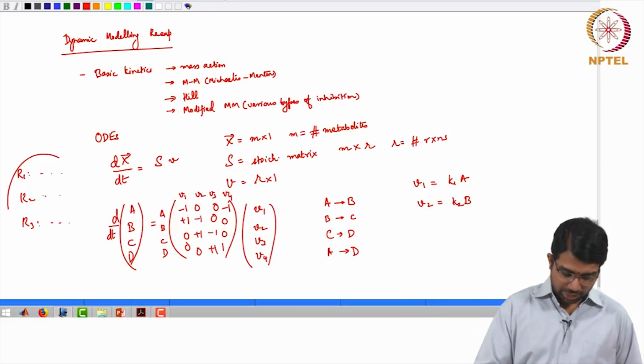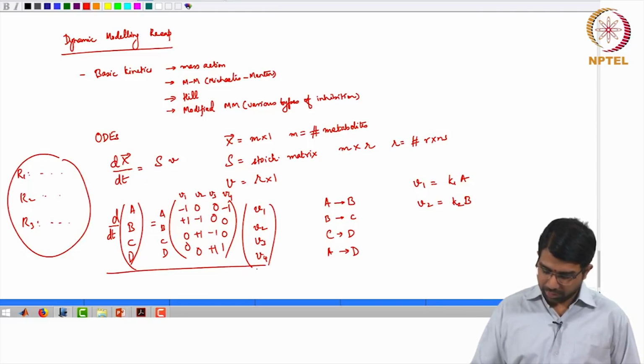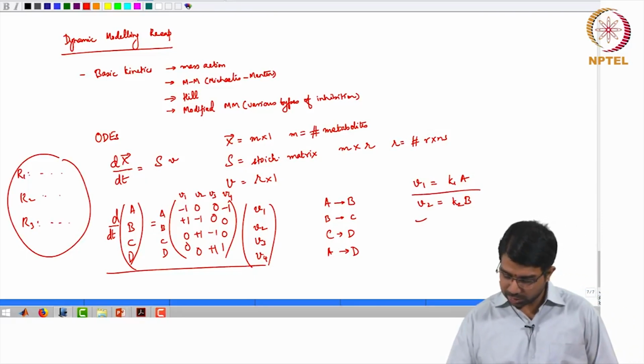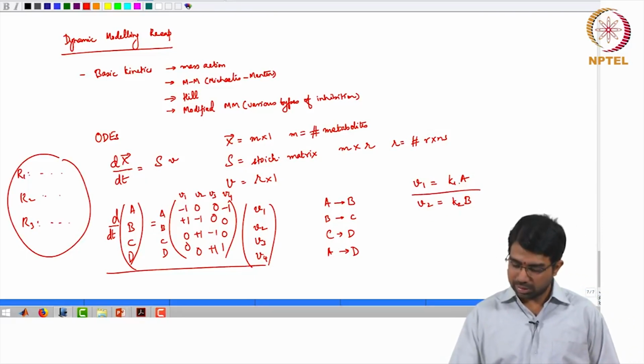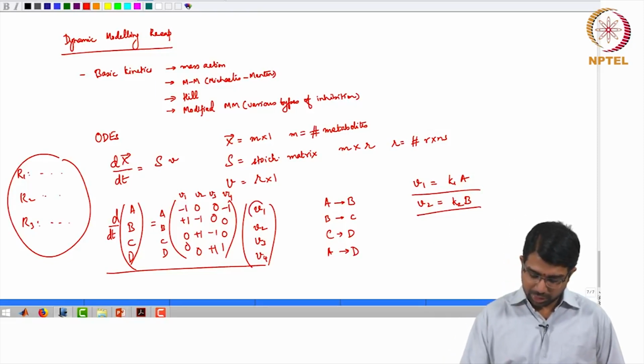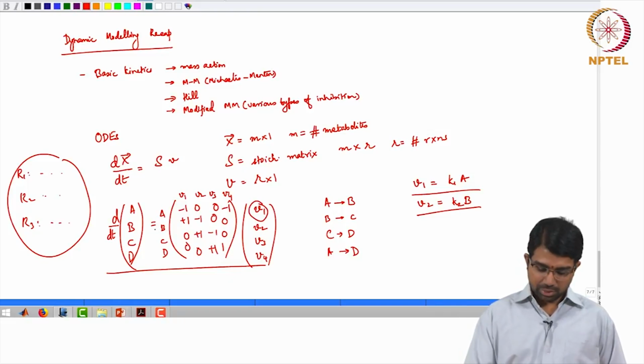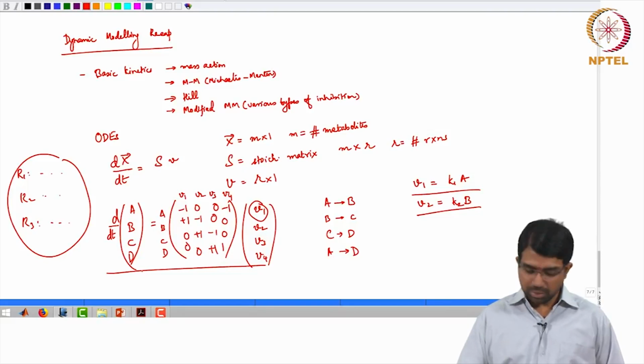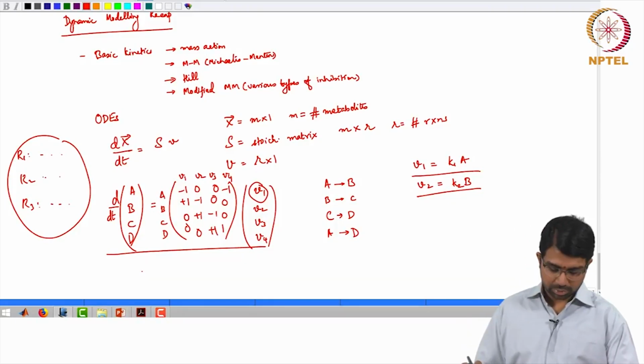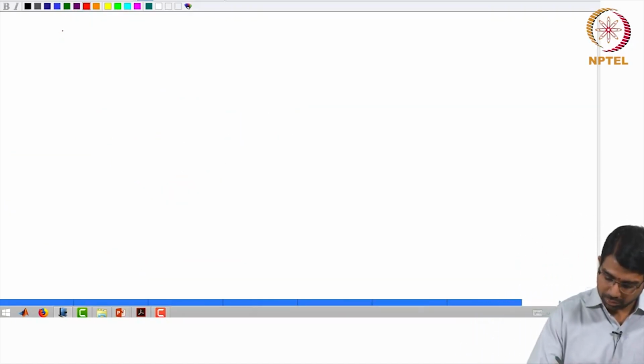You have a system of reactions, you write it out in this form, you then for each individual velocity compute it in this fashion and you stick all these back into your differential equations and then solve the ODEs. How do you solve them?